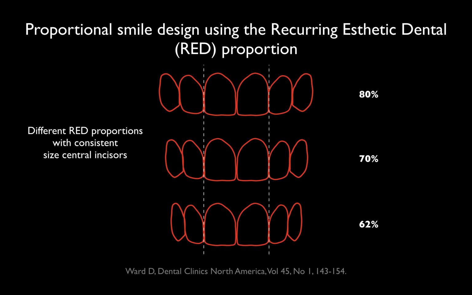And it could be anything from, say, 80% width, which still looks pleasing as you step down, to 62% as you move distally, which is the golden proportion. So the trick is balance the centrals first, but maintain whatever proportions from lateral to cuspid and continue it as we move distally.